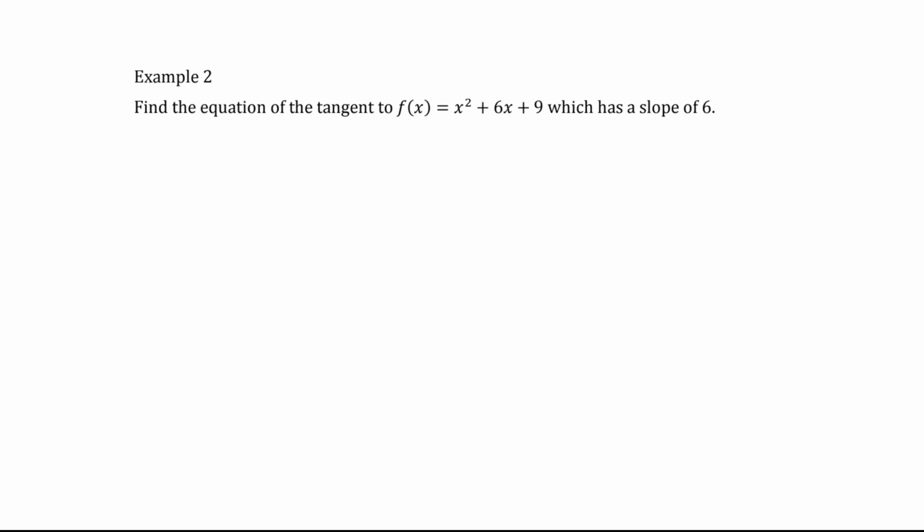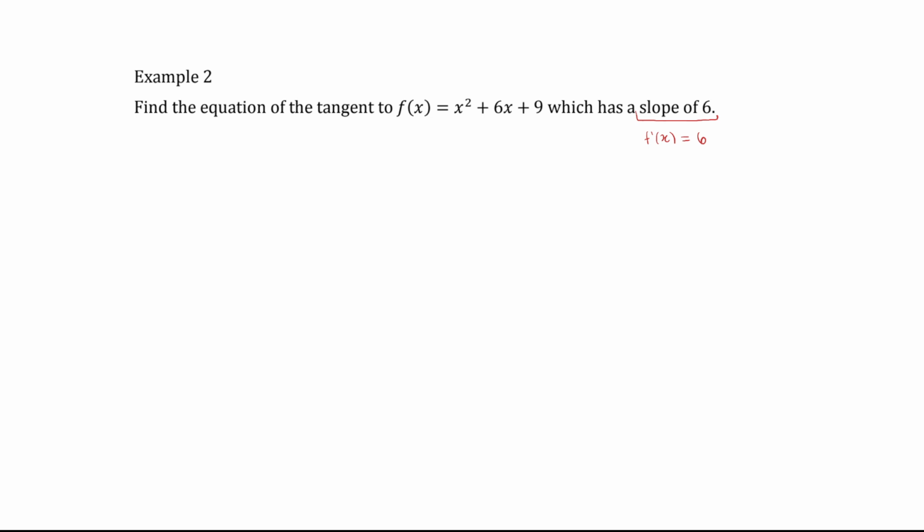We are going through a slightly different process because we are given the original function and now we are given the slope. This is a piece of information that we didn't have with the previous question, right? We know that f prime of x is equal to 6.